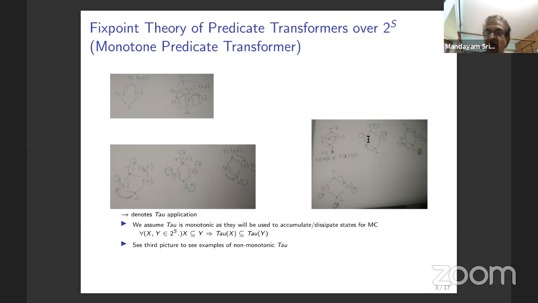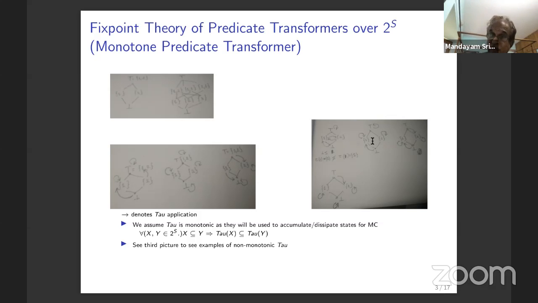The reason monotonicity matters is that it is required to guarantee the existence of fixed points. Fixed points are where the chain saturates like this, the self loops. But with non-monotonicity, these fixed points may not even exist, as in the first picture on the left, or even if they exist, they may not be unique.